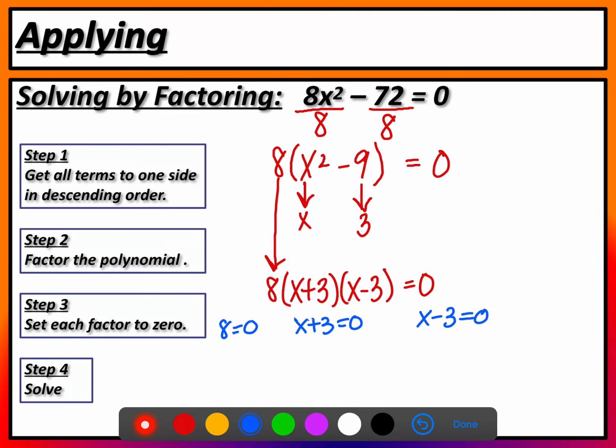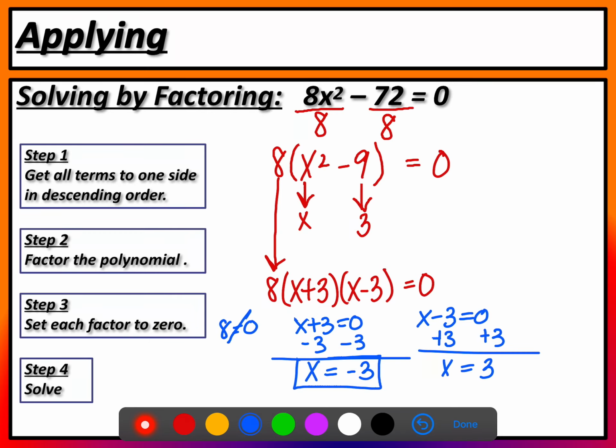So 8 equals 0 does not produce anything. It's not even a true statement. We still set it up to check. Now these other ones I can actually solve. I have two roots. X equals -3, x equals +3.